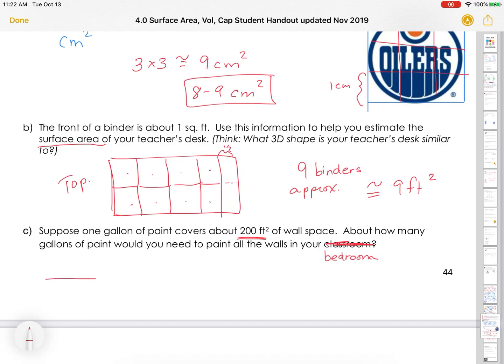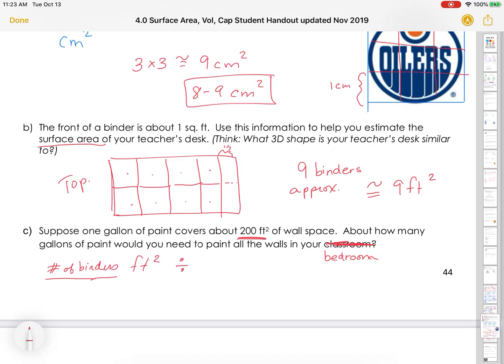So what I want you to do is think about, using that idea of the binder, the number of binders, and then once you figure out the number of binders, that's your square feet, right? So that's your feet squared.